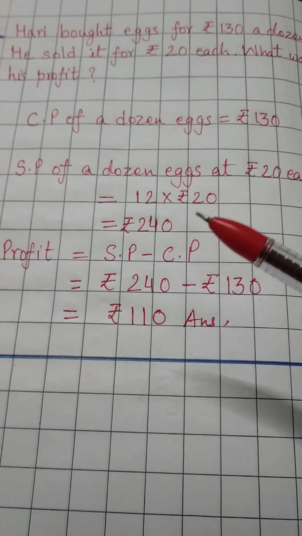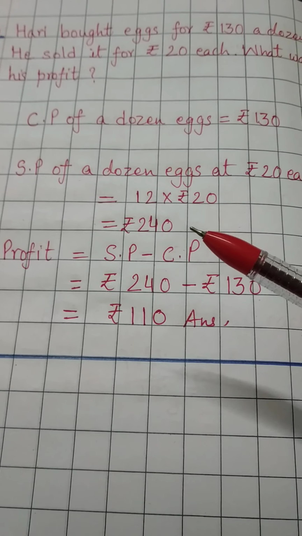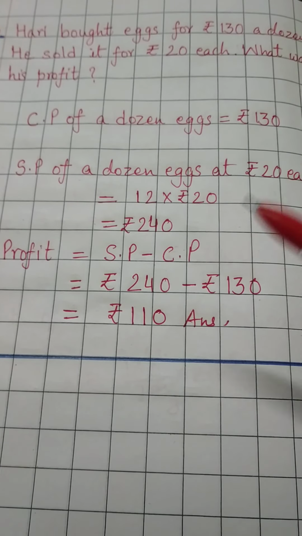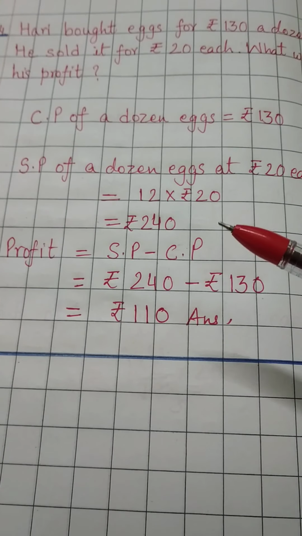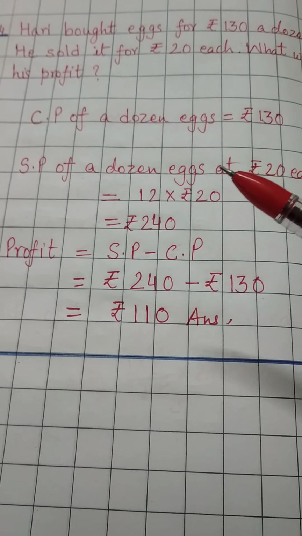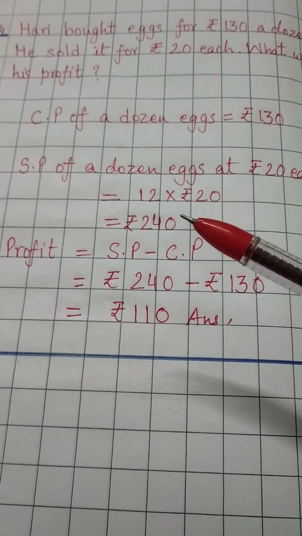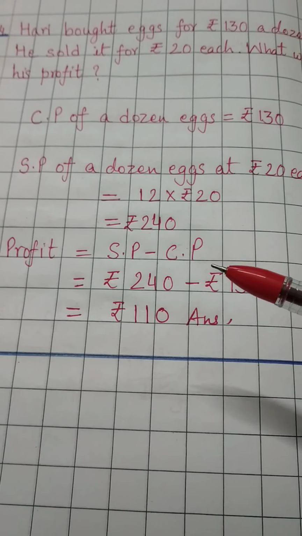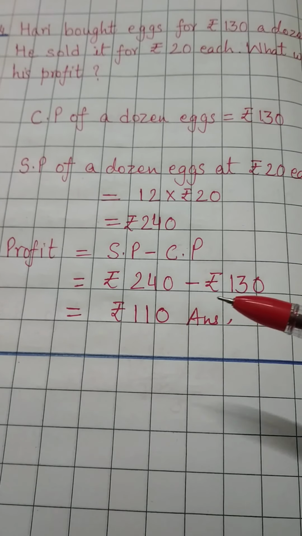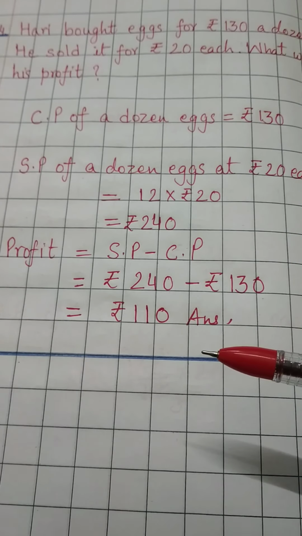So here first we have to find the selling price, then we can compare these two, because here we only know the cost price and we have to find the selling price first, and keep in mind that dozen means 12. Then profit equals selling price minus cost price, and we will subtract 240 minus 130, the answer will come 110, right? So this is the way you will do this question.